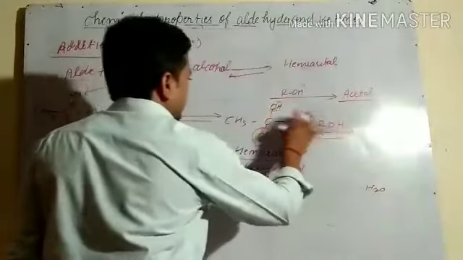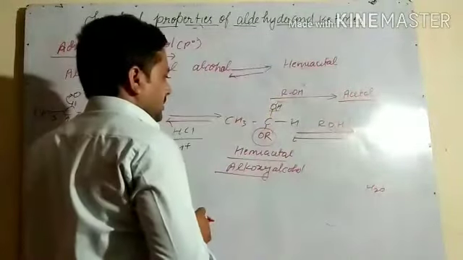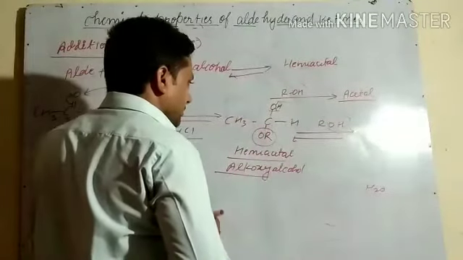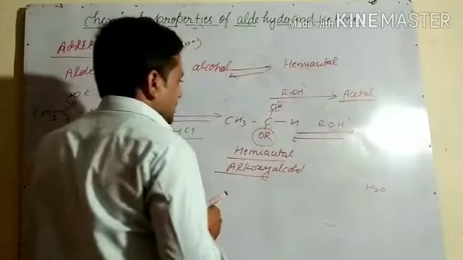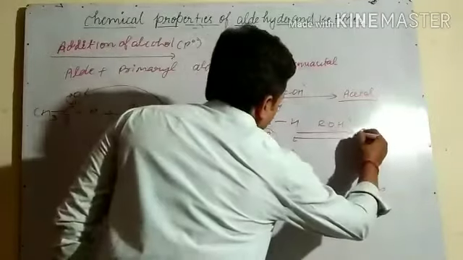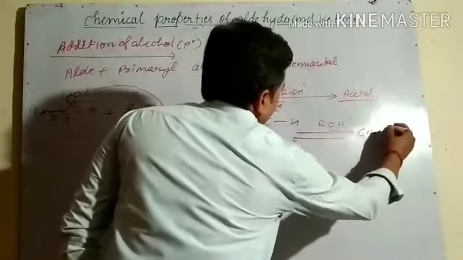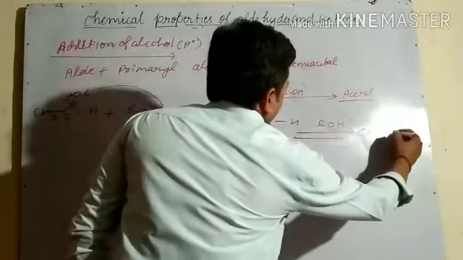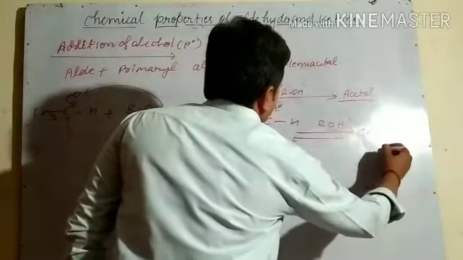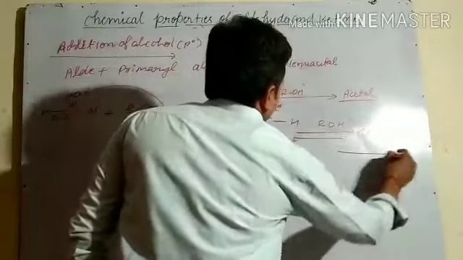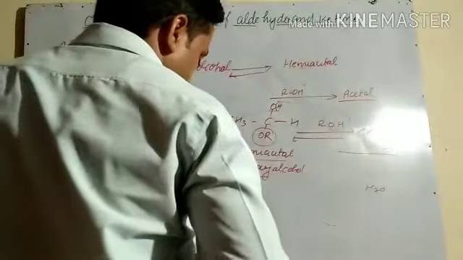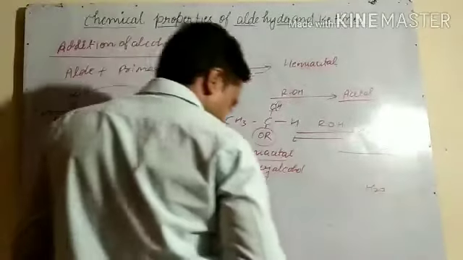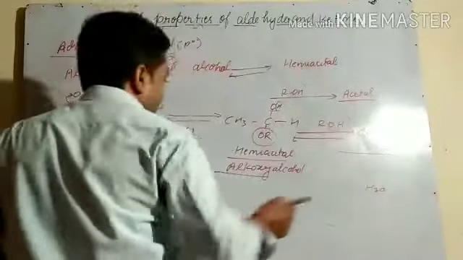This will be added to there, and this will be added to there. And what is the product? We get product CH3CH(OR)(OR), gem dialkoxy compound. We can say gem dialkoxy compound, and this is called acetal.